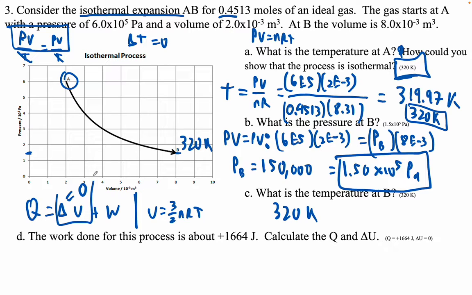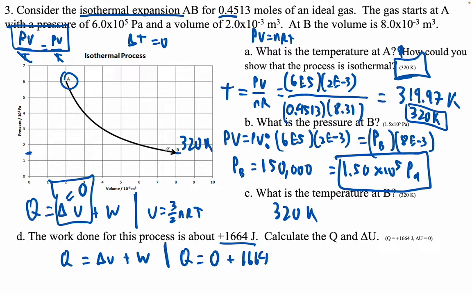The internal energy is 0. That's the 0 in this one, right? So basically they're just telling you the answer here, but we've got to package it. So Q is delta U plus work, and this is what you're going to do on the IB test. You'll say Q is equal to 0, because delta T is 0, plus 1664.